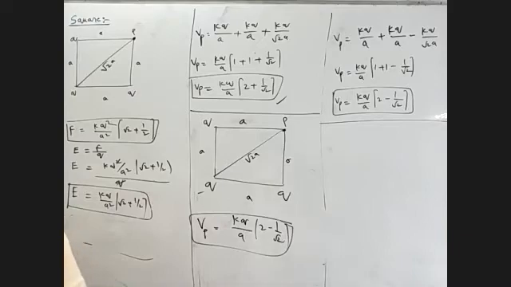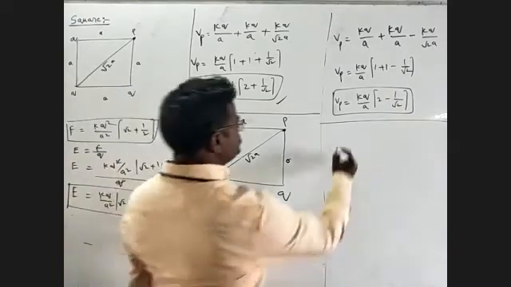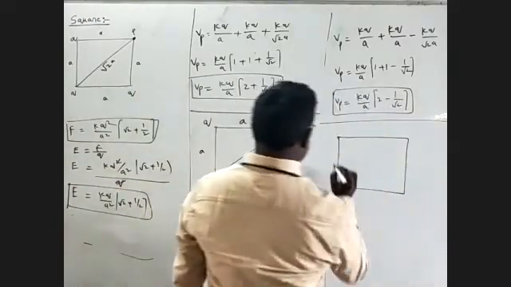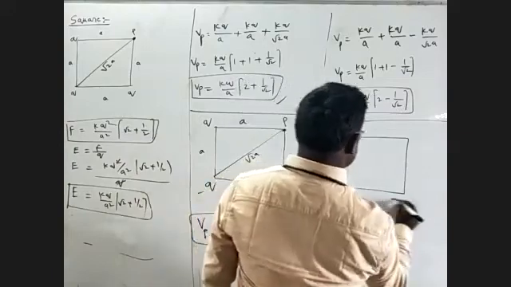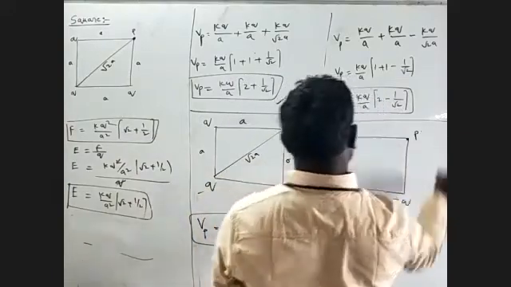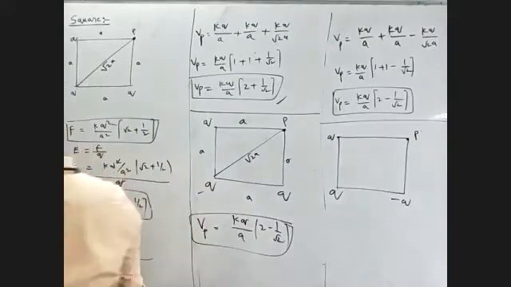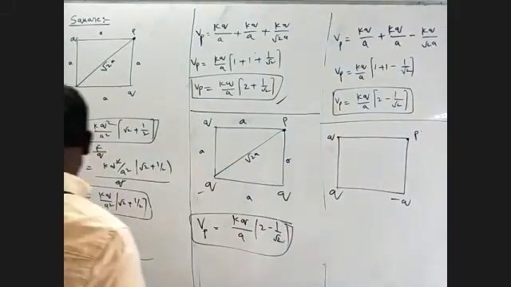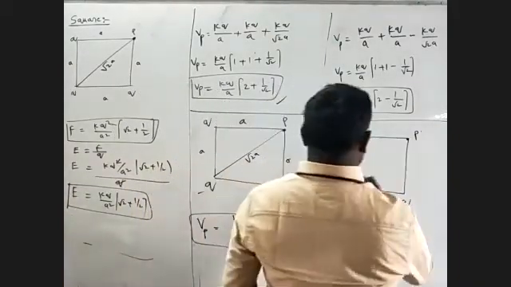So next model. This is Q, this is Q, this is minus Q, and this is point P. What is the electric potential at the point?